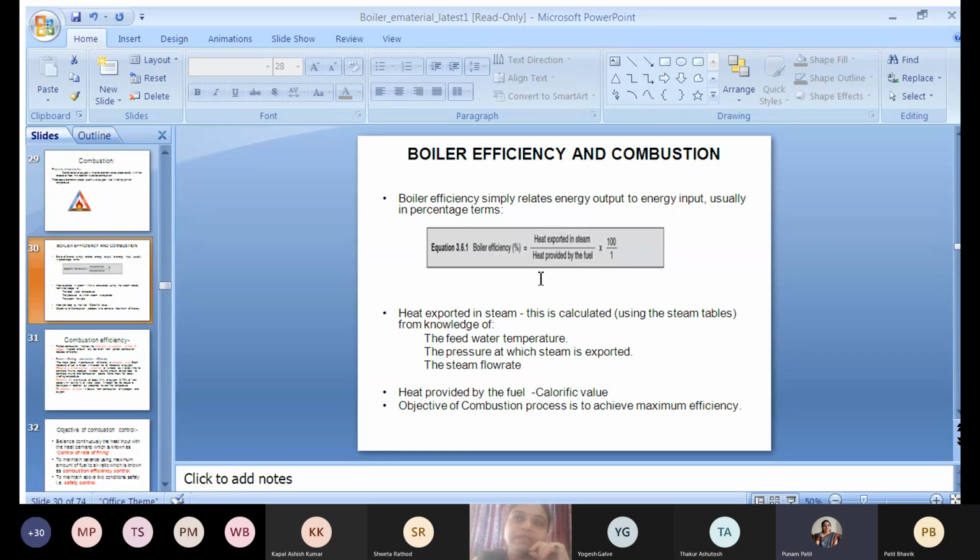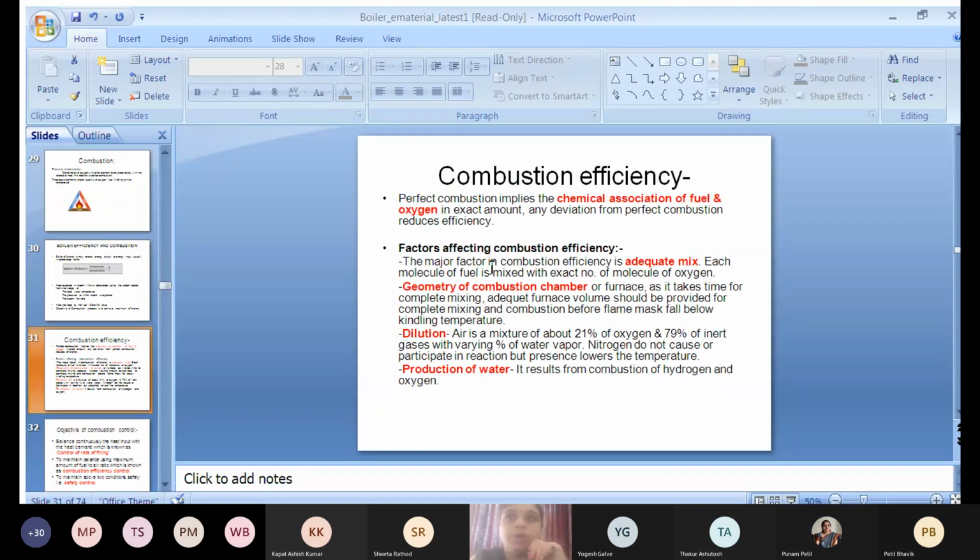The output is heat exposed in the steam and the input is heat provided by the fuel. So boiler efficiency is nothing but combustion efficiency, and that is why we are going to increase the boiler efficiency by controlling the combustion. Combustion efficiency is high when there is a perfect combustion.